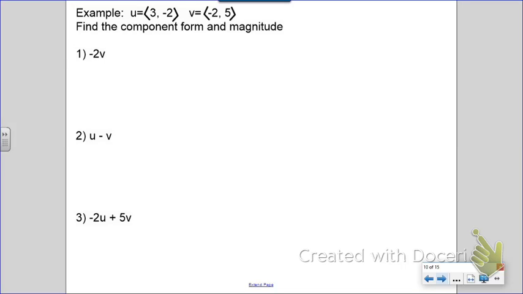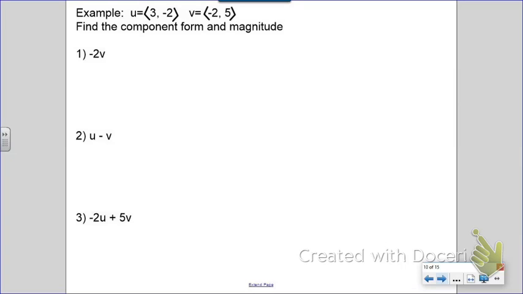Okay, so this is just practice now using the vectors and applying the rules and then getting our answer in terms of the component form and magnitude.